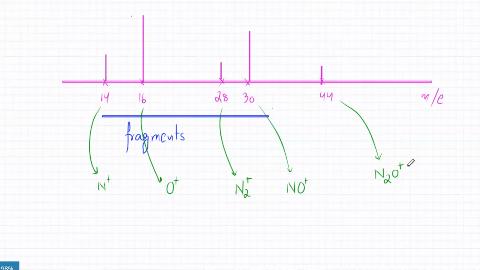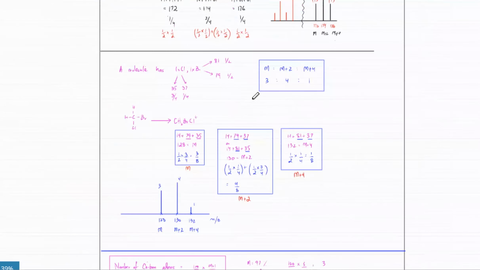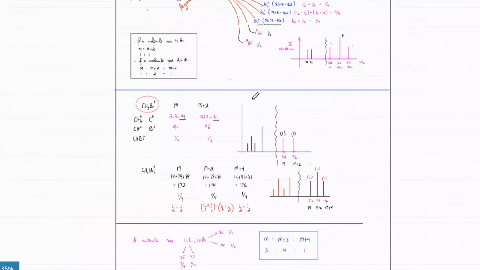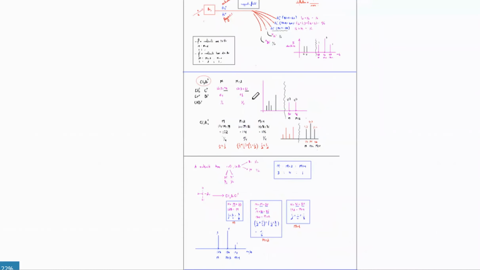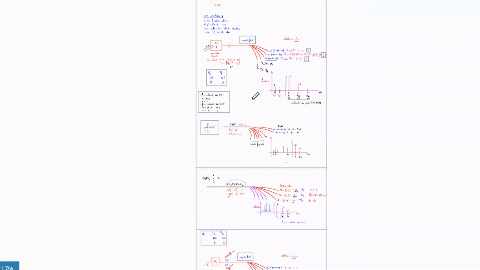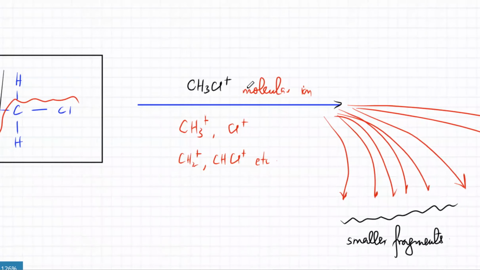Yes. Let me compare this back with the earlier one. Remember, the molecular ion is a combination of these fragments. The CH3+ is a part of that, the Cl+ is a part of that.